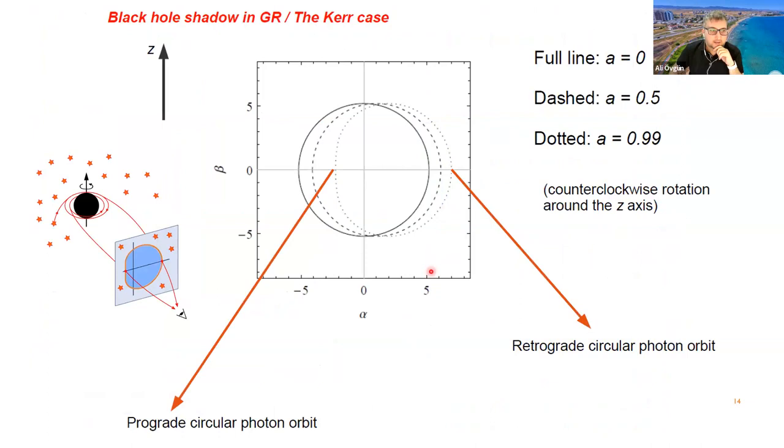And if you look at the Kerr case, generally speaking, the size and the shape of the shadow depend on the parameters of the black hole. For example, the shadow becomes deformed if the black hole is rotating, and it also depends on the position of the observer. If the rotation parameter a is increasing, the deformation is also increasing.